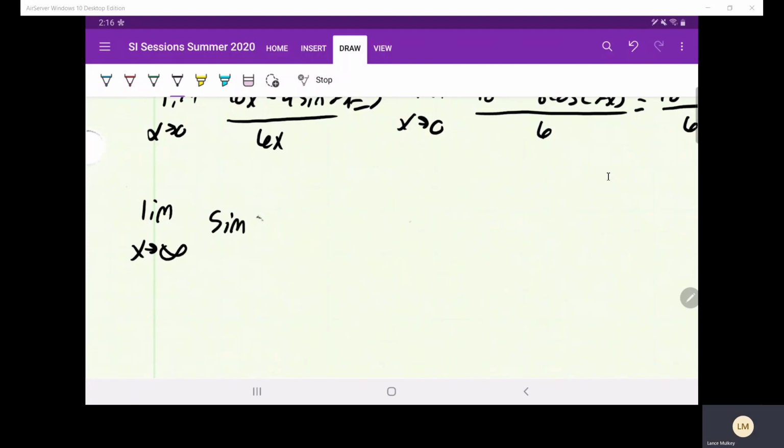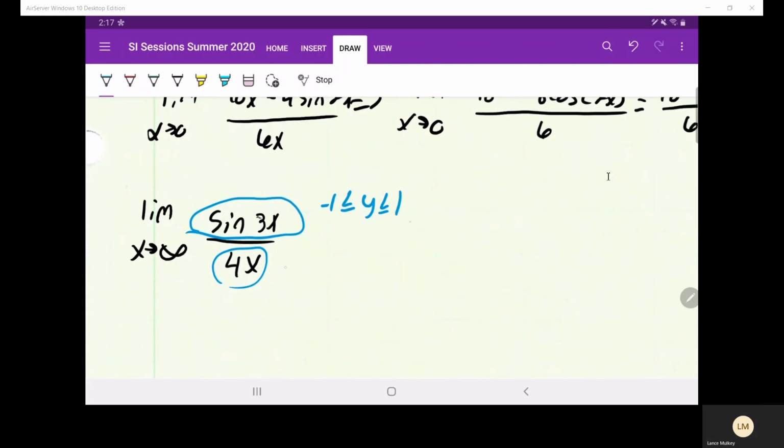I may do one more after this. As you approach infinity, sine of 3x is between negative 1 and 1, so the range is always between there.